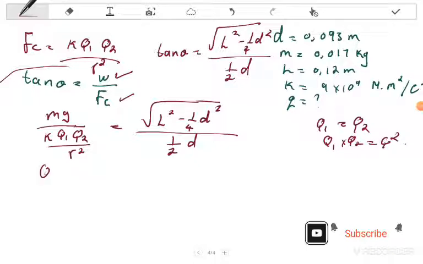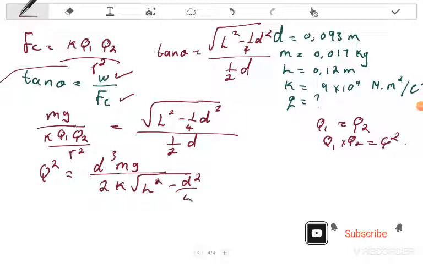You got that Q squared is equal to D cubed mg divided by 2k times the square root of L squared minus D squared over 4. If you did your math correctly, this is what you are supposed to get.